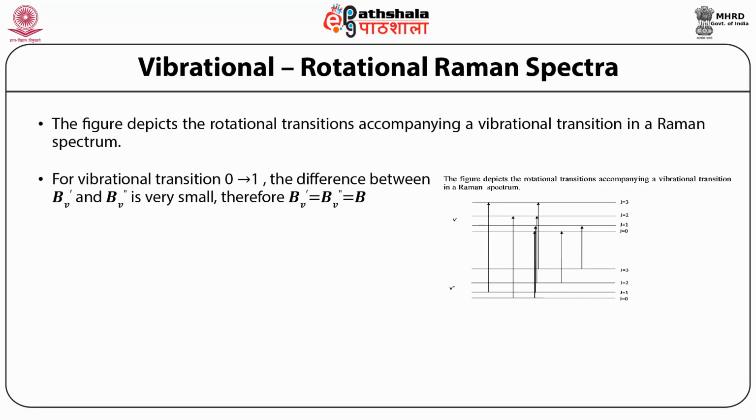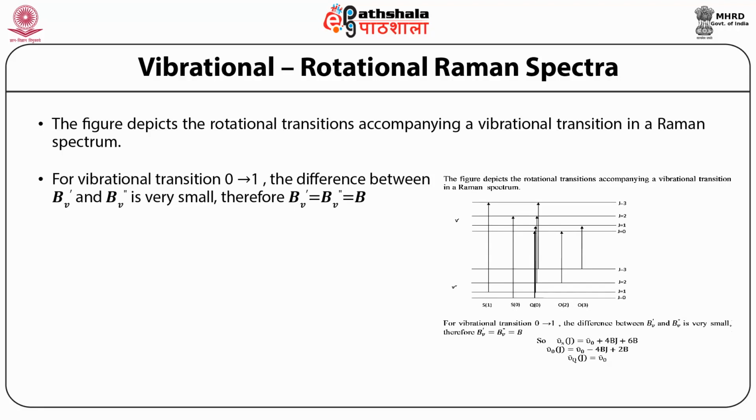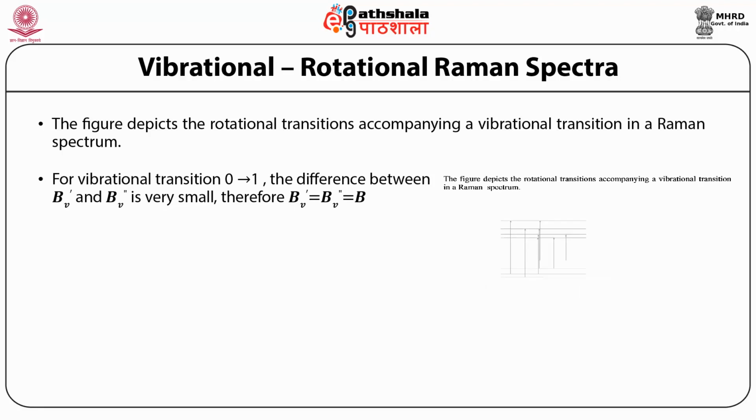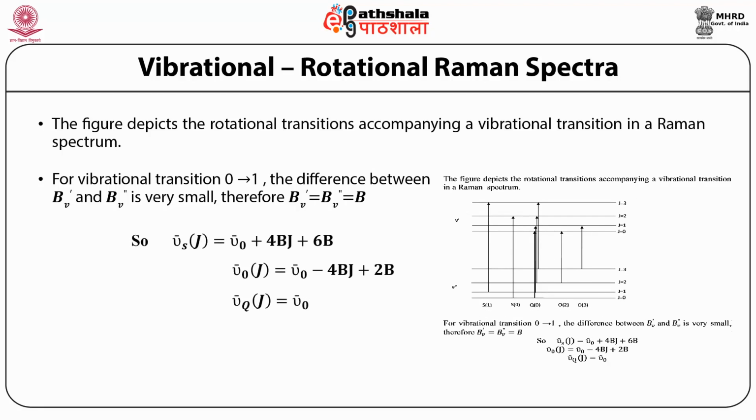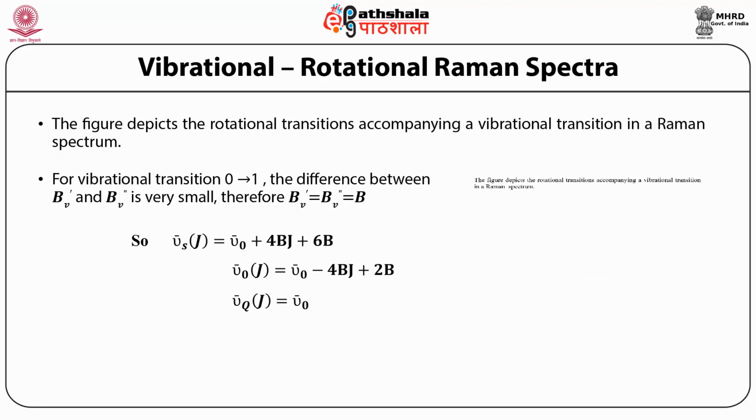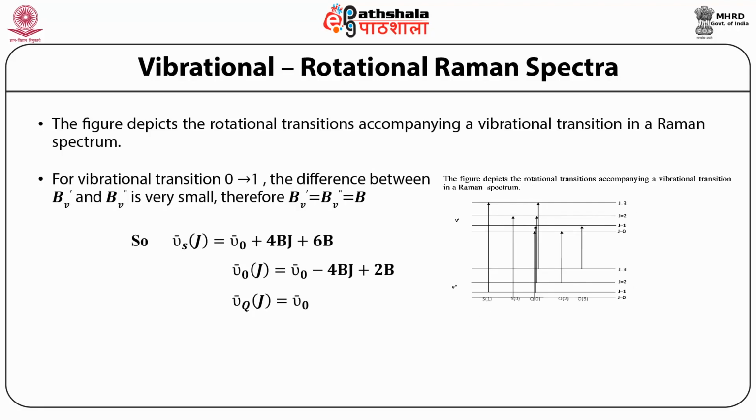For vibrational transition 0 to 1, the difference between B nu prime and B nu double prime is very small. Therefore, B nu prime is equal to B nu double prime is equal to B. So, nu S depending upon J is equal to nu naught plus 4BJ plus 6B, nu O is equal to nu naught minus 4BJ plus 2B, and nu Q is equal to nu naught.